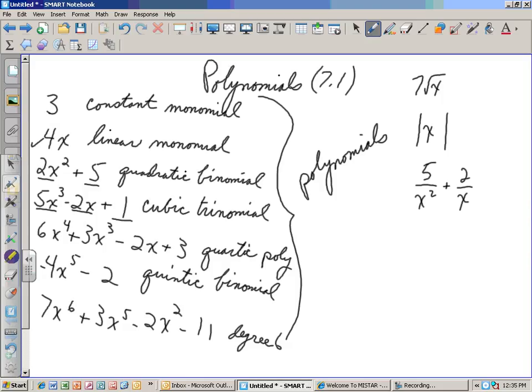Okay? Polynomials have to have a variable not in the denominator, and the exponents have to be greater than or equal to 0 in order for this to be a polynomial. So these are examples over on the right side here of what is not a polynomial. Okay?